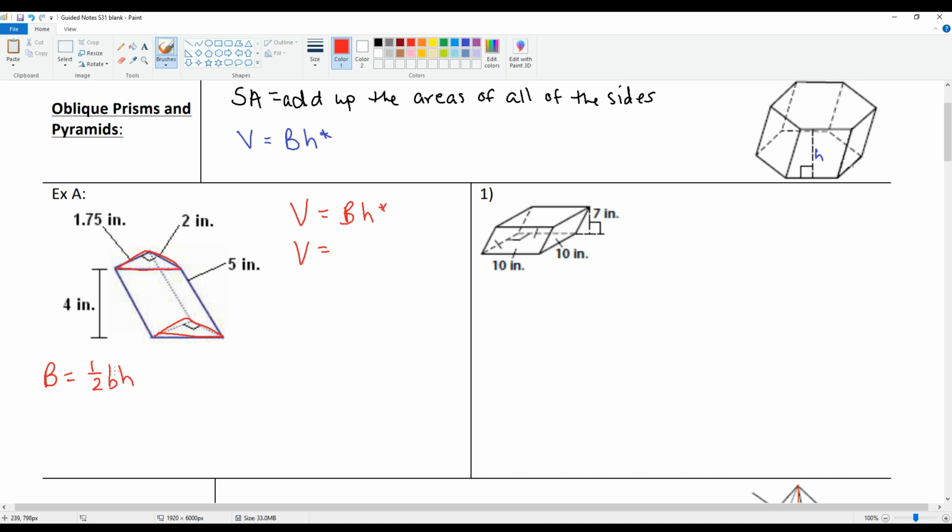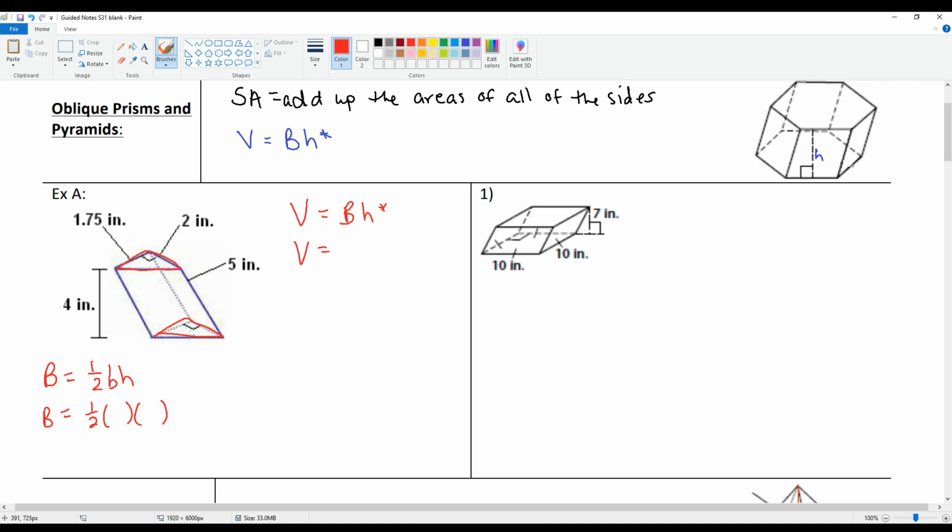It is the height of the triangle, which happens to be the base. So this does not get a star, this is a different H. Now I need to solve this problem so that I can plug it into my original problem. When I do that, I get 1/2, and then I need to plug in base and height.